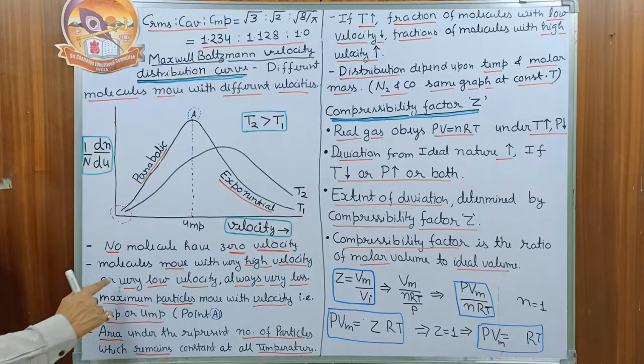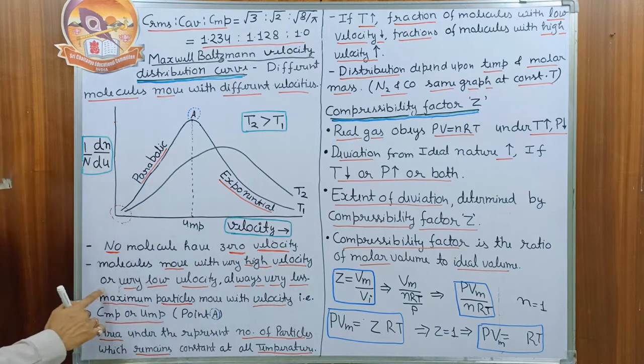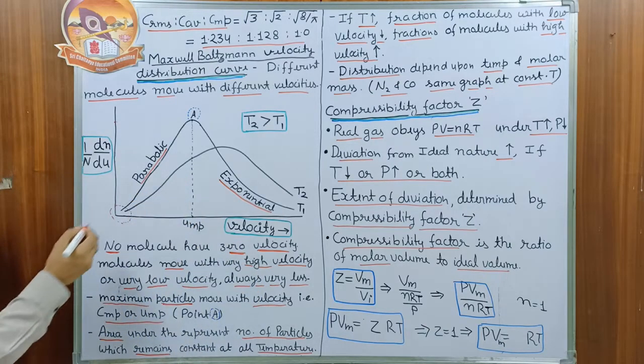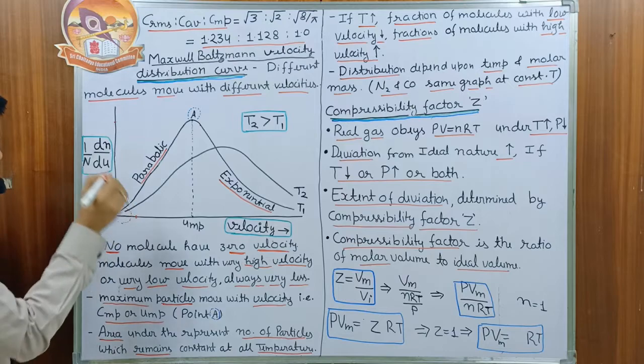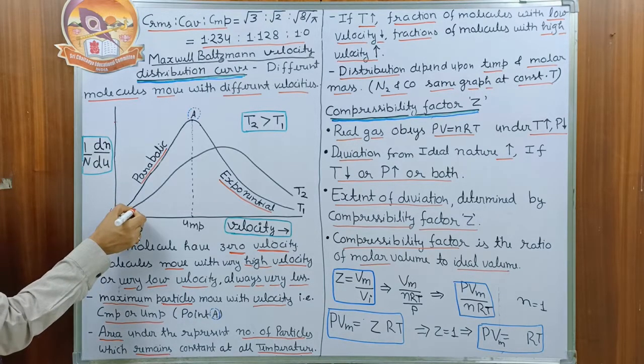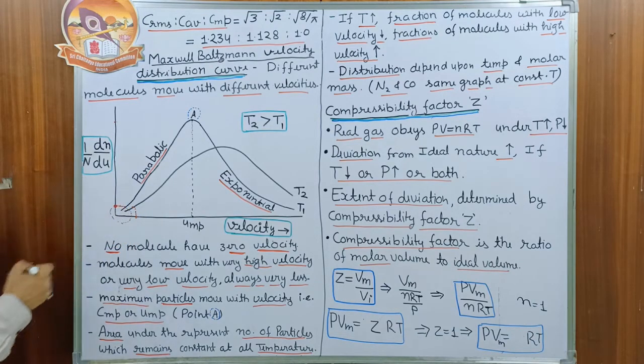Then molecules that move with very high velocity or with very low velocity are always very few. Look, at this point we have very low velocity, and you see what the fraction of molecules corresponding to this velocity is. It is not very high, it is very less.